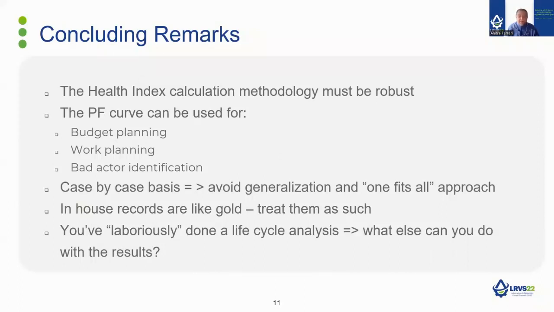The PF curve is fairly versatile and can be used for budgeting: how much money I'll have to put aside once I hit the P point. It can be used for planning work. If we have hit the P point, we can plan the oncoming mitigation task based on the PF interval time defined. For example, transformers are not off-the-shelf items, and their replacement requires complex logistics, so the PF interval is crucial to give us time to do this.